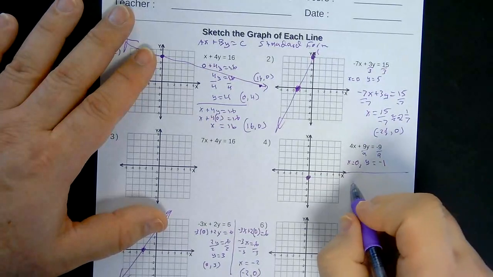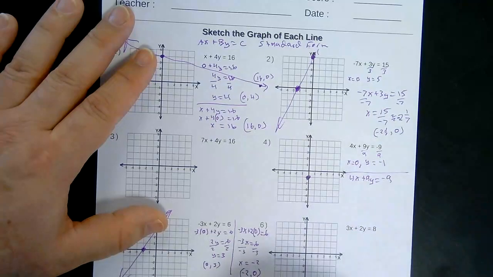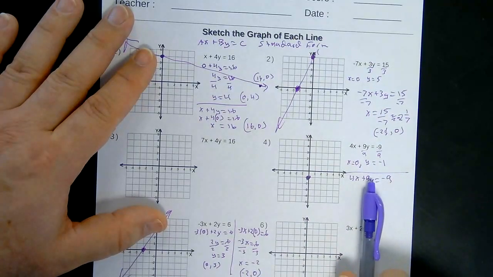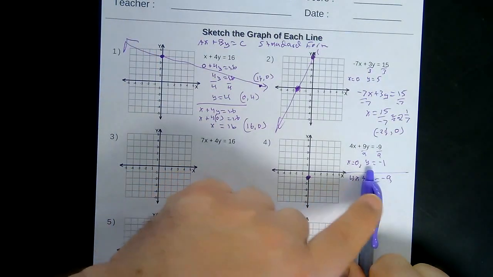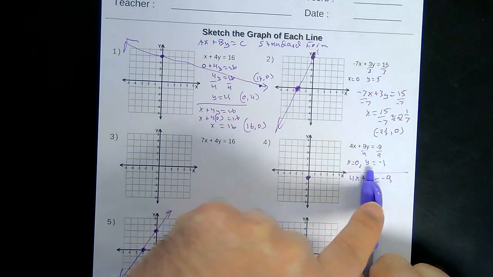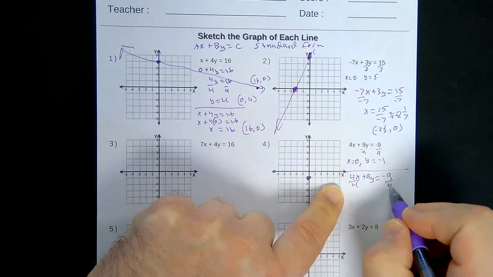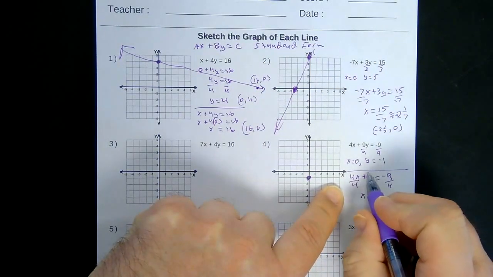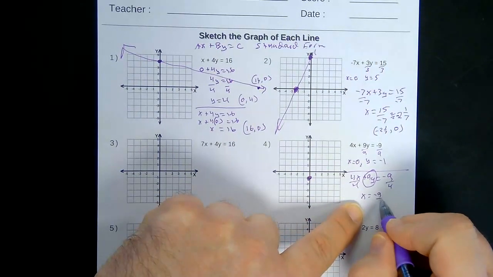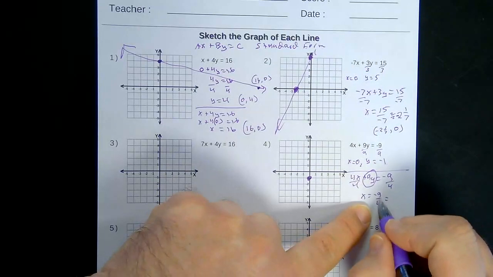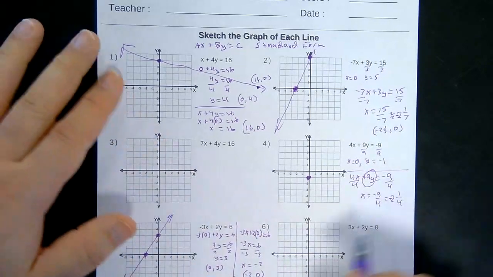So rewrite the equation again. 4x plus 9y equals negative 9. This time I'm going to let the y be 0. So cover it up, it's gone. So you get 4x equals negative 9. So if I solve that for x, all I'm going to do is divide both sides by 4. x equals negative 9/4, which is, you see 4 goes into 9 twice with 1 left over, and it's negative, so bring your negative along.